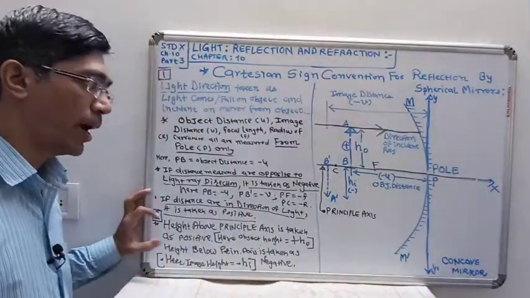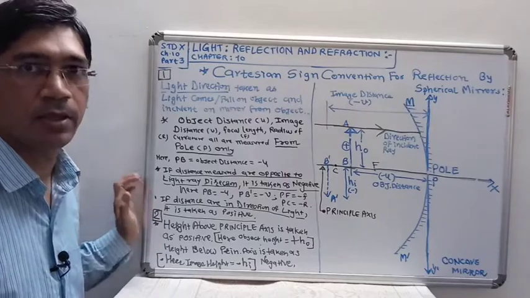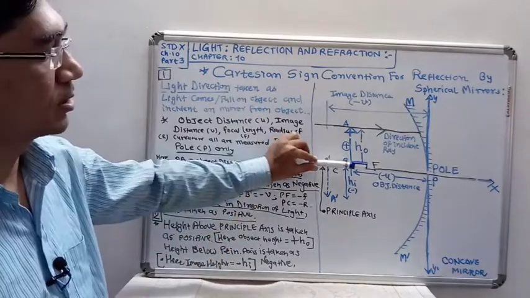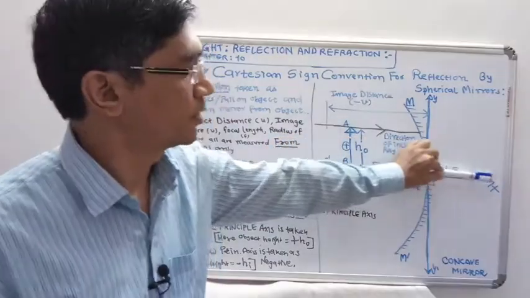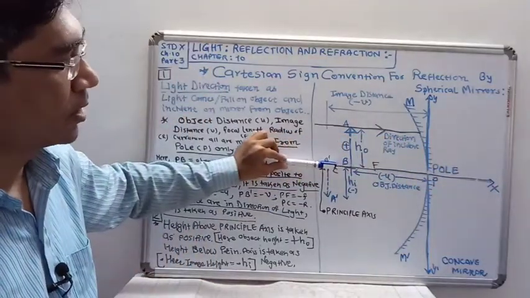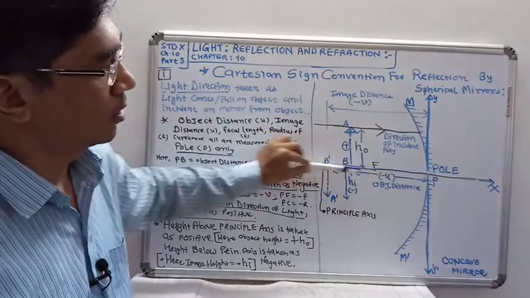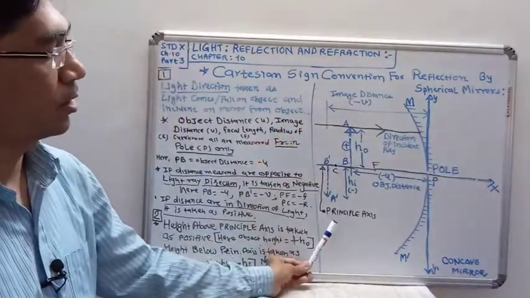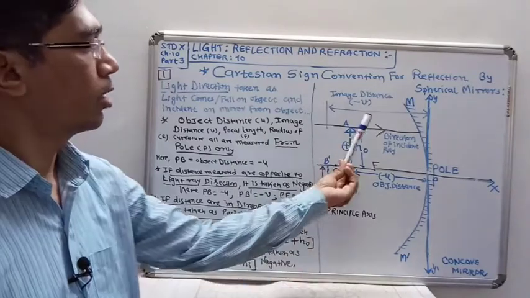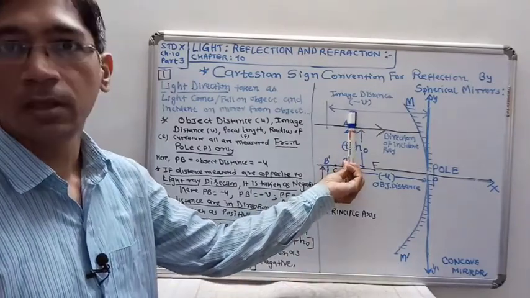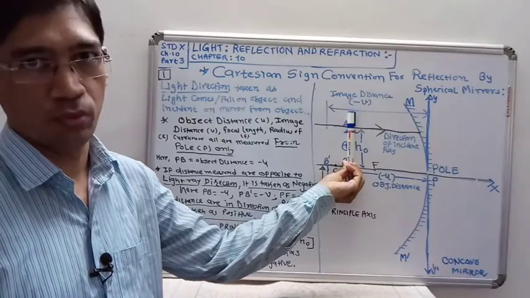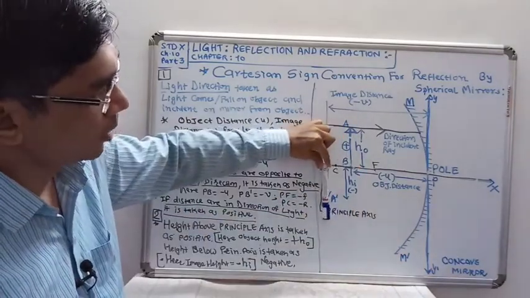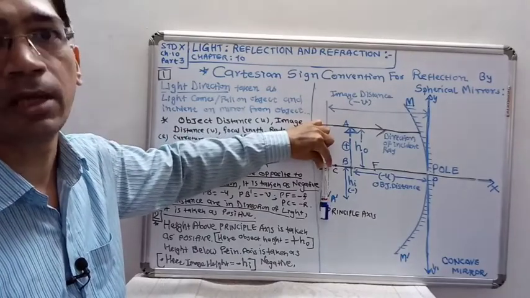Second rule: height above the principal axis is taken as positive. The principal axis is the imaginary axis which passes through the pole and the center of curvature. Height above the principal axis is positive, and height below the principal axis is taken as negative.